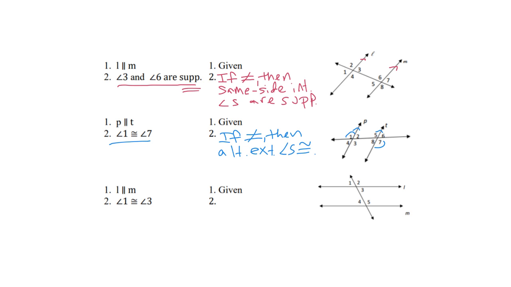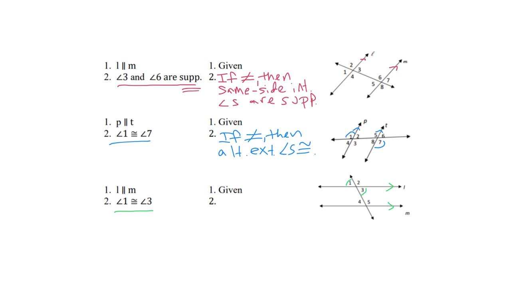Now the last one, I hope you were careful on this one. So this one says that L and M are parallel lines. Well, that's great. Then it says angle 1 is congruent to angle 3. Here's angle 1. Here's angle 3. Do we know angle 1 and angle 3 are congruent because of something related to the parallel lines? Nope. Angle 1 and angle 3 are congruent because they're vertical angles, and vertical angles are always congruent.